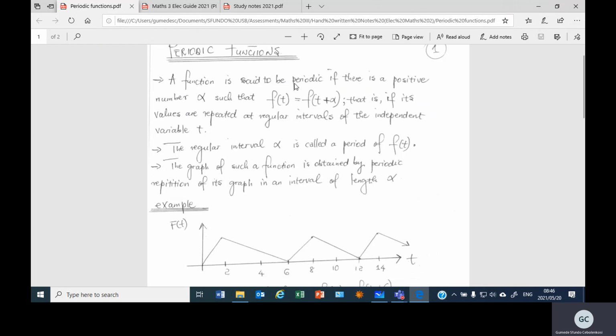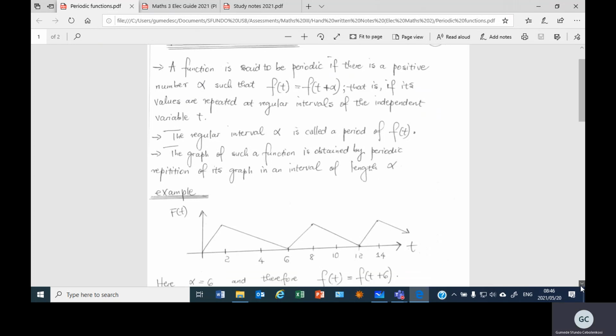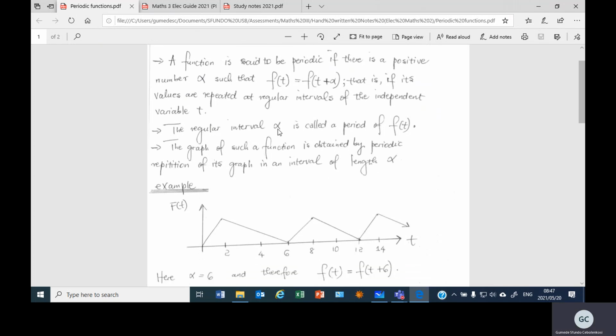I wrote that a function is said to be periodic if there is a positive number alpha such that f of t is the same as f of t plus alpha. That is, if the values are repeated at regular intervals of the variable t or x or whatever the case may be. So that interval for which the function repeats itself is called a period of f of t.